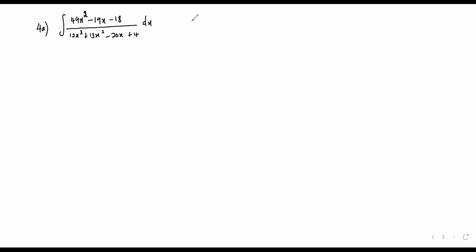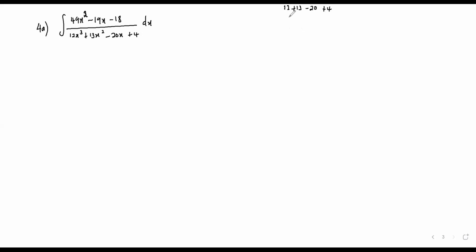So these partial fractions demand that we first factorize the denominator. The denominator factorization, remember it's a polynomial, so we need to try zeros here. So if I try 1, can 1 give me a 0? No, because it will be 12 plus 13 minus 20 plus 4.